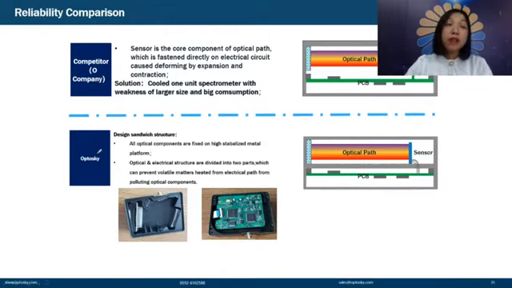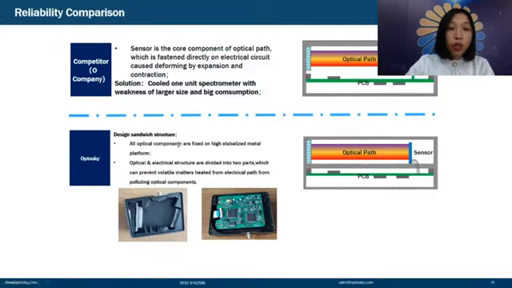So after introducing the detector, we have to make a comparison of reliability. This is the Optosky spectrometer's design. We have separated the optical room and the PCB board room, with a metal platform in the middle.